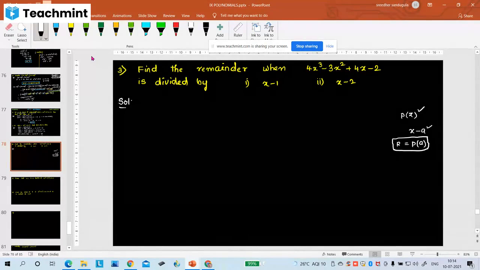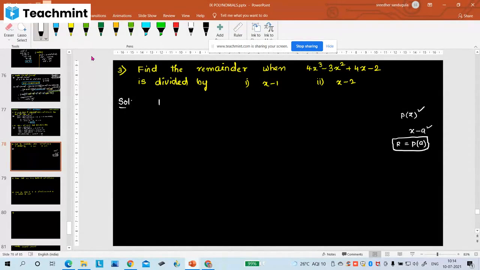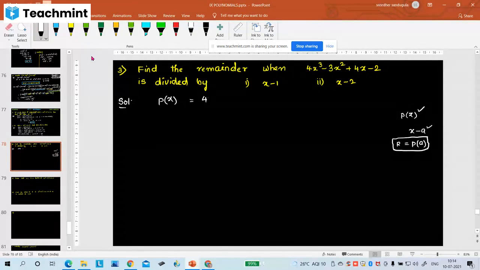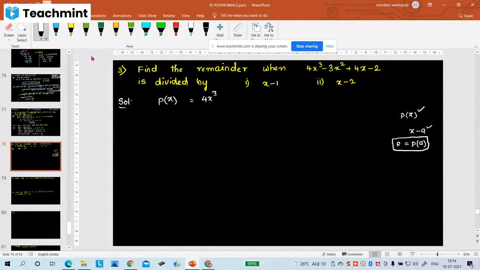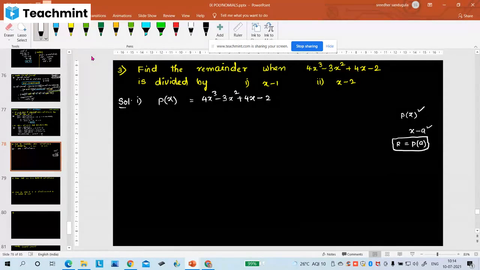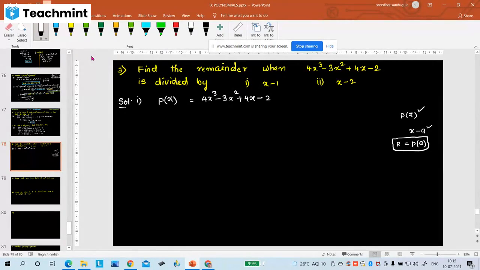Now first you take this as p of x. Whatever the given polynomial, we are taking as p of x. That means polynomial in x terms. That is 4x cube minus 3x square plus 4x minus 2. So then what is the zero when it is divided by x minus 1? What is the zero of x minus 1?